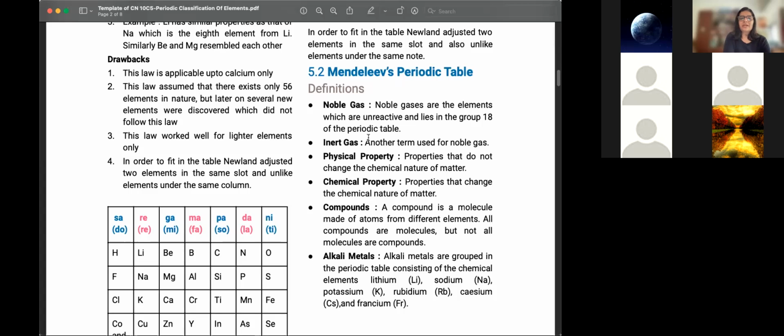Now we have come to know that an even more fundamental property is the atomic number, which is why we use the modern periodic table. But Mendeleev is the father of the periodic table. The modern periodic table ka design definitely comes from Mendeleev's table only. So his is a first serious, proper attempt. His work lasted for a lot of years. Okay.